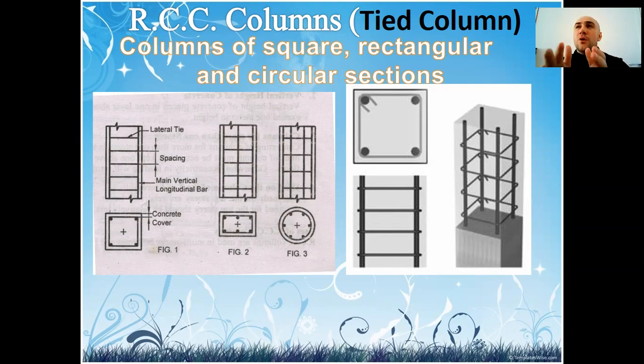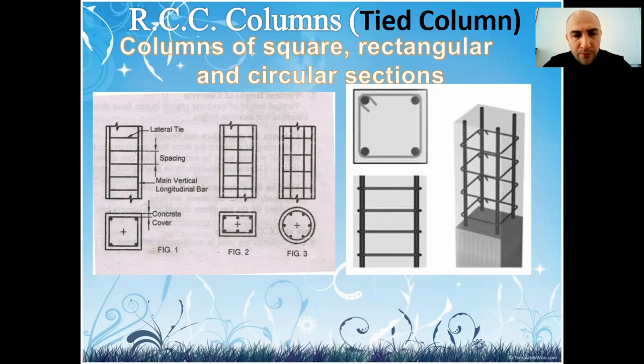So there is vertical reinforcement and lateral reinforcement. The lateral reinforcement is called a lateral tie because it ties four or sometimes more than four vertical bars, so reinforcement, together, and creates durability against the slenderness of the column and protects it from crushing and from buckling.